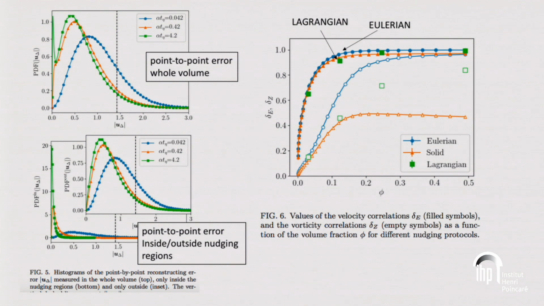You can measure the PDF of the error. This is another important point, because we know that there are strong fluctuations. So for instance, here I show you the point-to-point error PDF in the whole volume. I go point by point inside my 3D volume, and I measure the difference between my reconstructed flow, the nudged, and the truth.